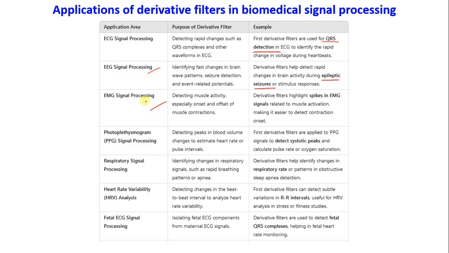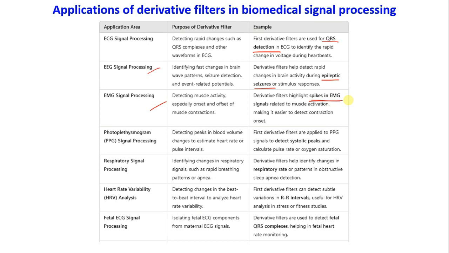In EMG signals, you have seen the spikes, they are basically high frequency signals, right? So whatever things you will be seeing over here, the signals you are trying to extract using the derivative filters are basically high frequency components.